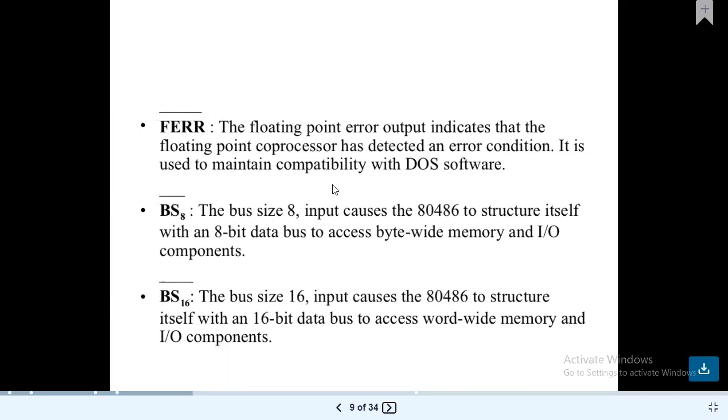The next pin is BS8, bus size 8. This input causes the 80486 to structure itself with an 8-bit data bus to access byte-wide memory and input and output components. The next one, BS16, bus size 16, causes the 80486 to structure itself with a 16-bit data bus to access word-wide memory and input and output components.